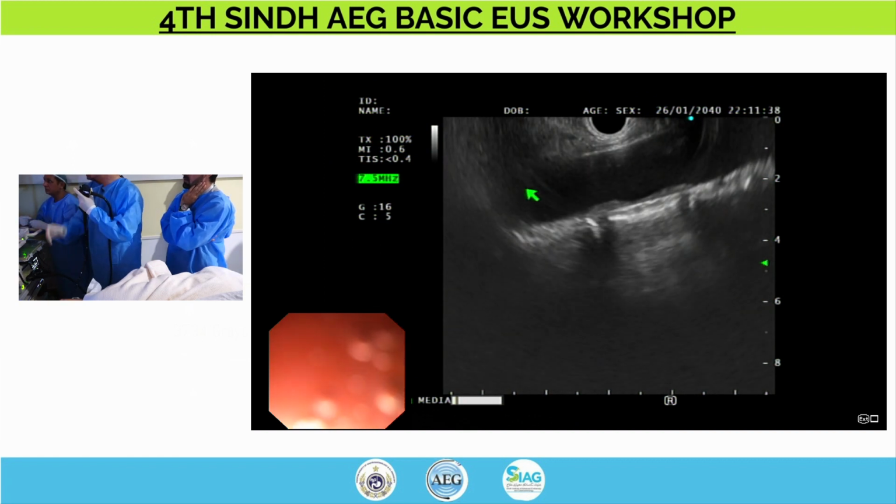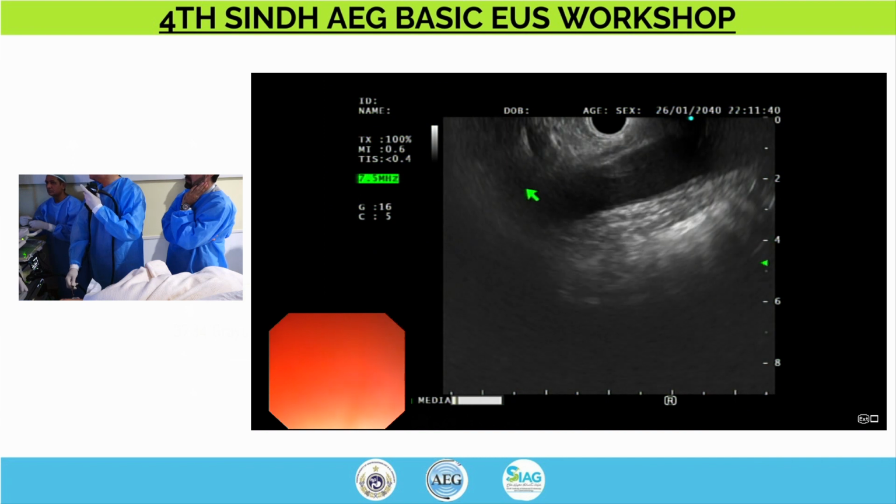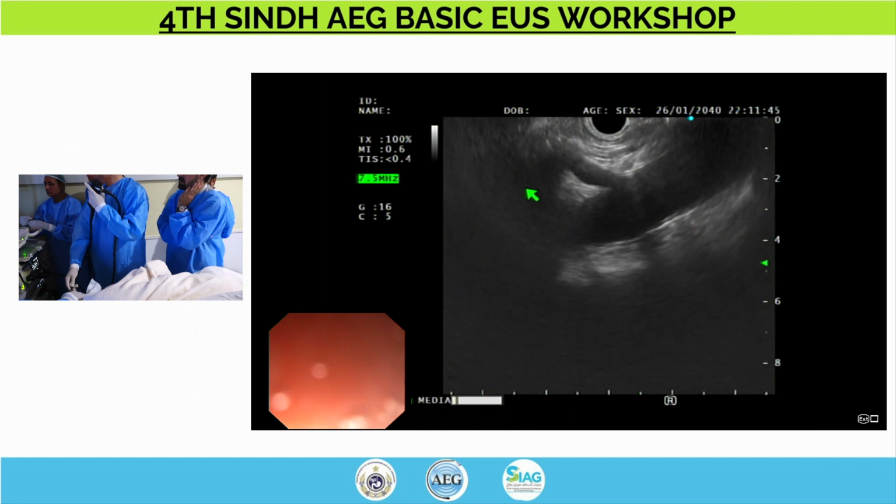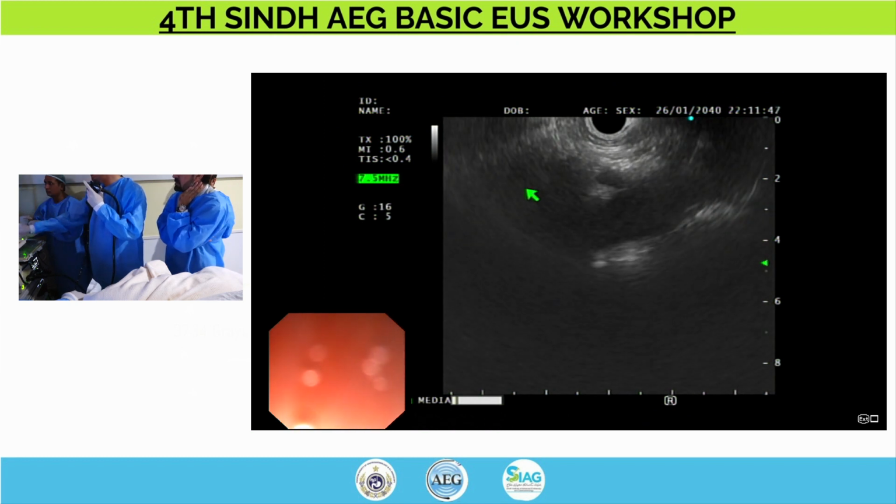So once I've identified the celiac artery, big wheel slightly away from you, and then push it along the celiac artery.